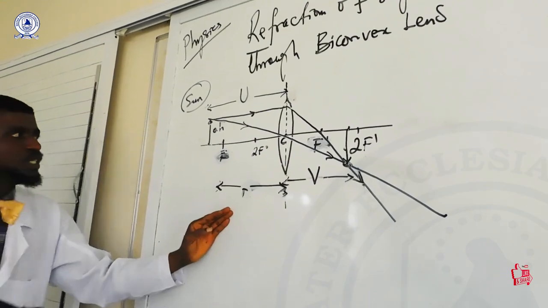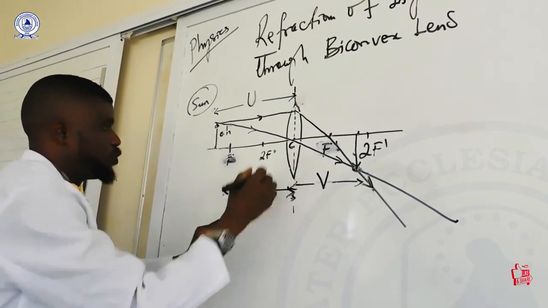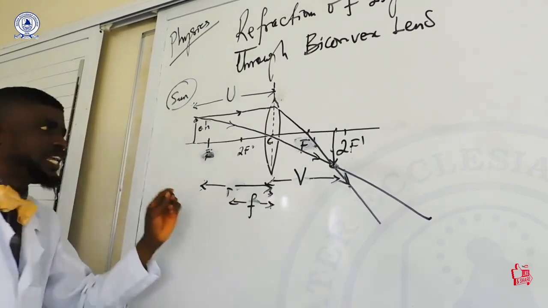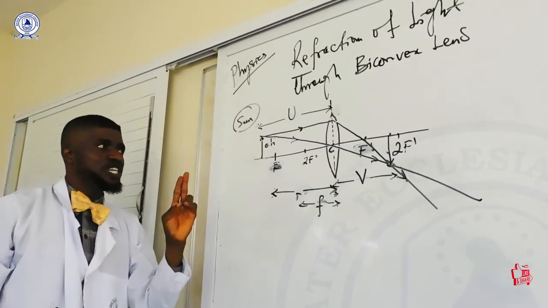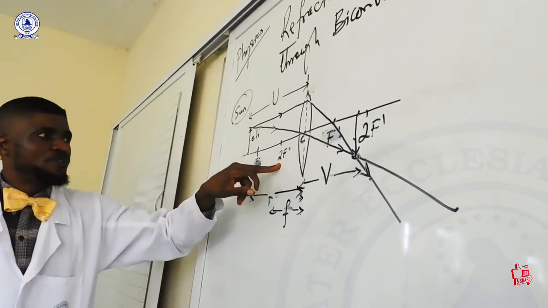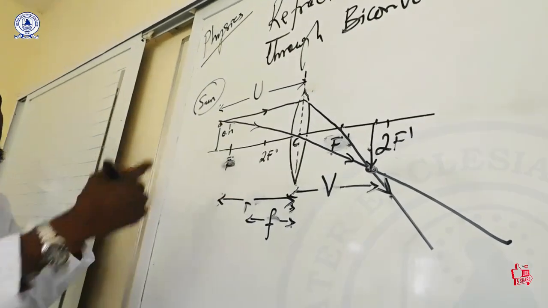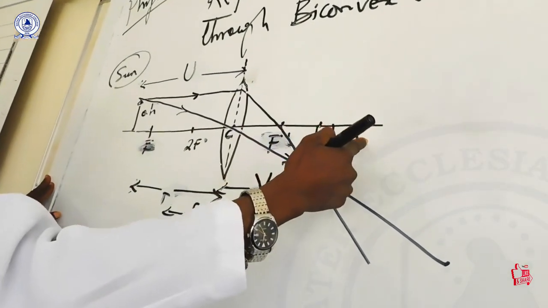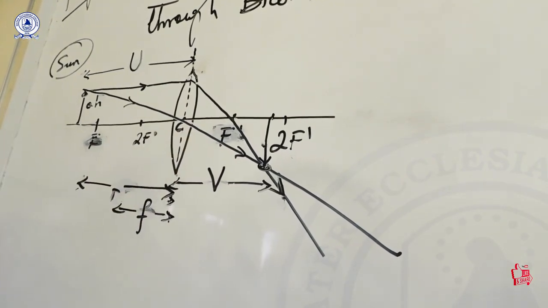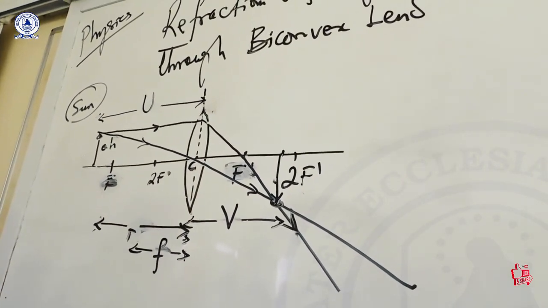Are we good? Then from 2F to C is called what? The focal length of the lens. For that reason, we have two focal lengths. We have what? 2F and then 2F prime. So from this point to this point is also the focal length. Are we good?